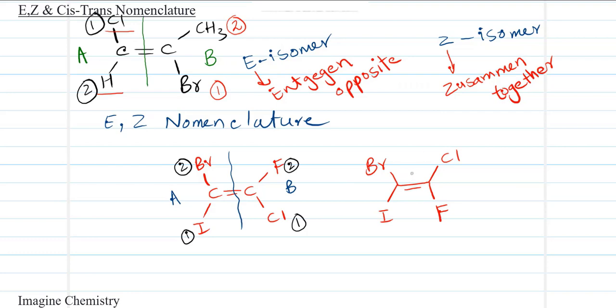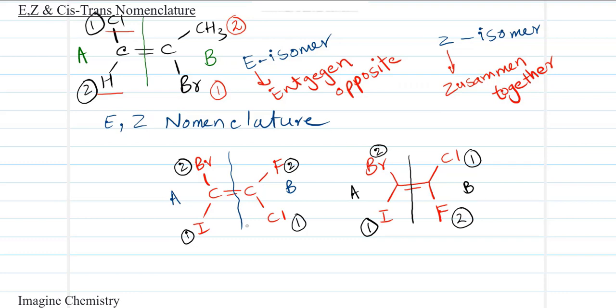Now for the second molecule, divide it into two equal parts, part A and part B. For the first part, iodine has a higher atomic number, so it will be 1, and bromine will be 2. On the second side, chlorine has higher priority than fluorine because of its higher atomic number.